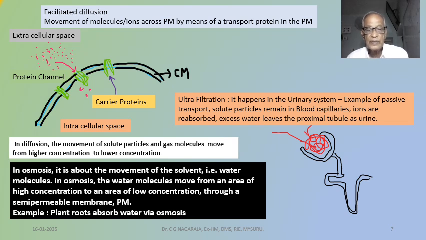That means there is a filtration here. In the filtration, all the solute particles are kept inside. By chance, if any hormone or any other ions get into the Bowman's capsule, it is reabsorbed in the very long tubule called the urinary tubule, and it is taken back into the blood system. It's called reabsorption.